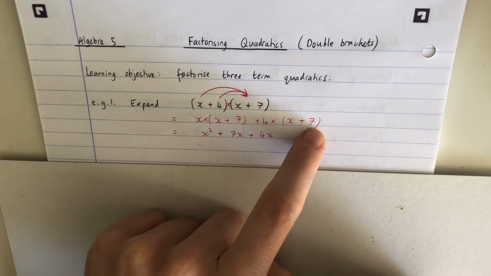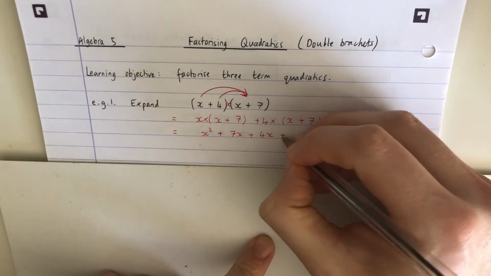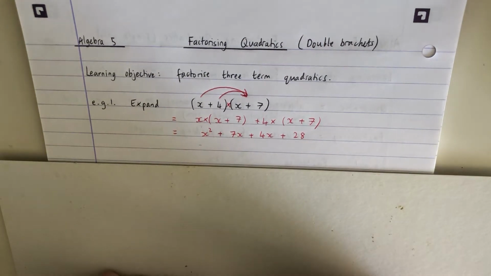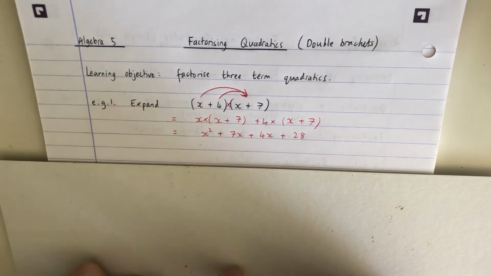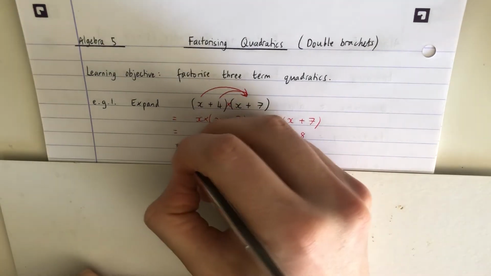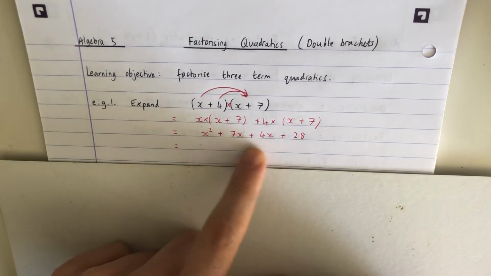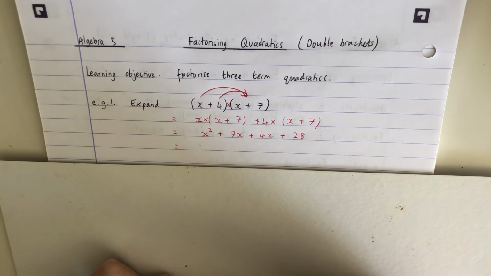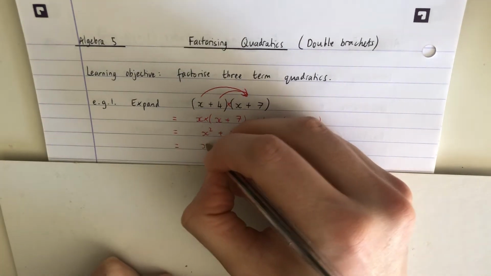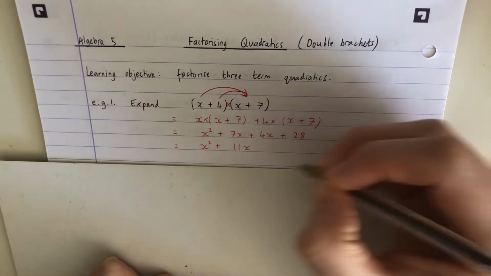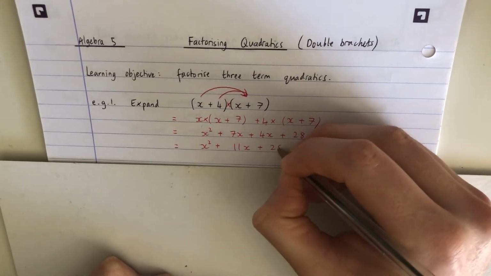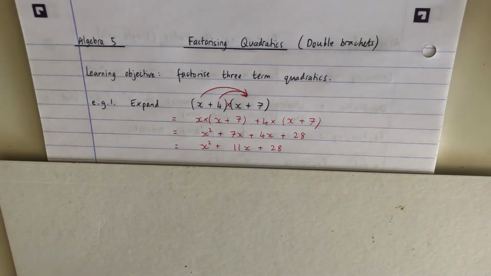And 4 times 7 is 28. And when you got this far, you would simplify and collect like terms. 7x and 4x can be simplified to 11x. And that would be it.